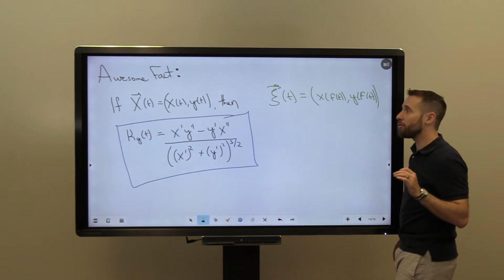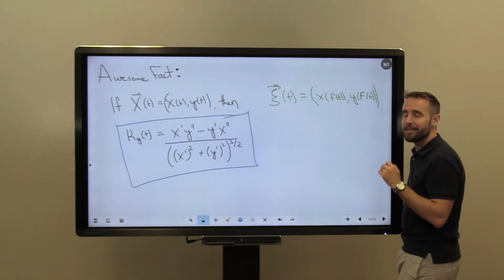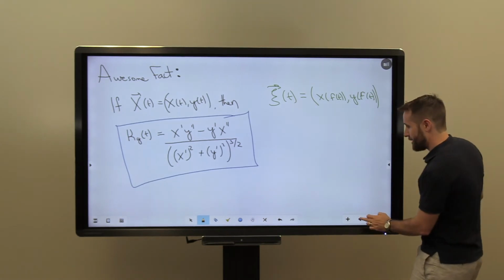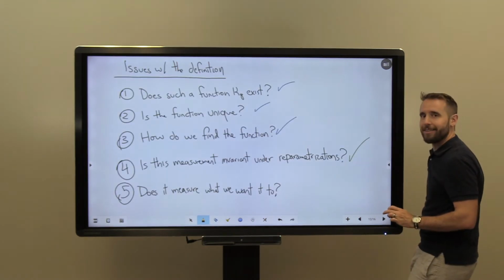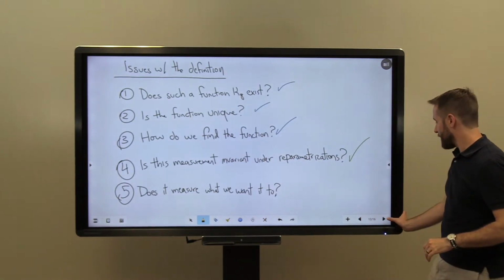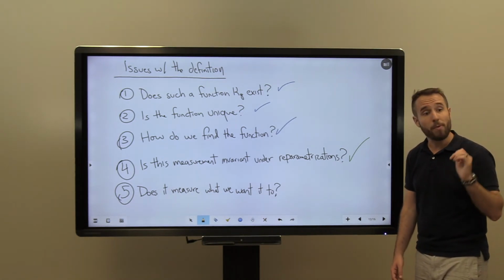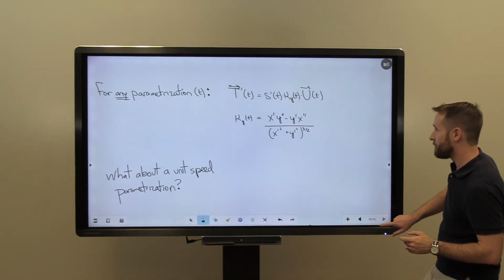So it turns out that under reparameterization, we would end up with the exact same kappa, the exact same curvature. So that's awesome. And though it was a little hand-wavy, I'm going to put a nice check there to say that that's true. Finally, though, we still haven't really verified whether or not this measures what we want it to, and that's important. So let's double check that.